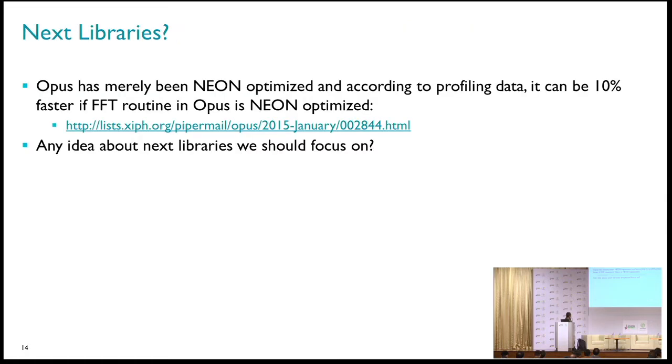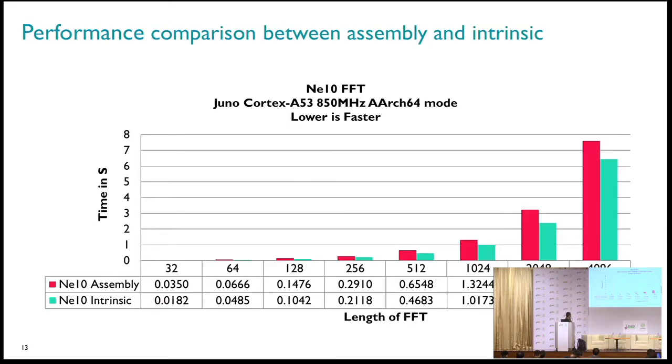The red bar here is the Ne10 assembly, and the blue bar here is the Ne10 intrinsic. At some point, with aggressive compiler optimization, we can have better performance in intrinsics.